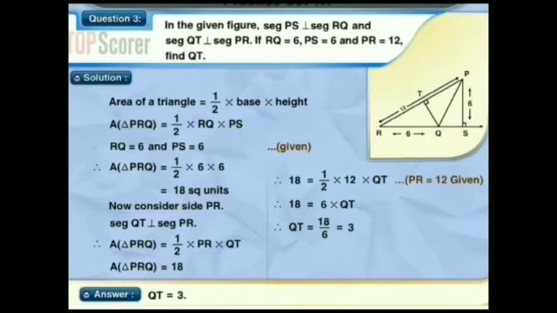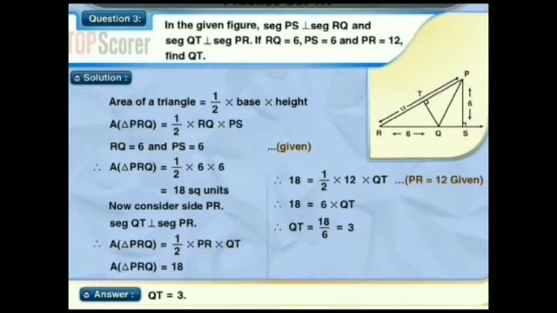Substituting the values, we get area of triangle PRQ is equal to half into 6 into 6. So after the cancellation and calculation, we get area of triangle PRQ is equal to 18 square units.